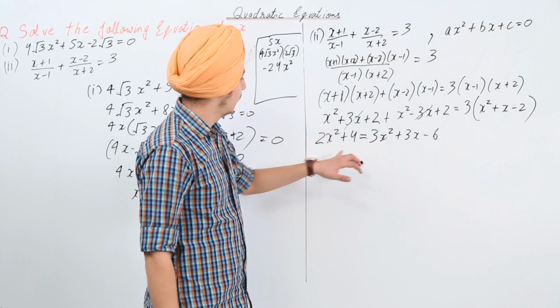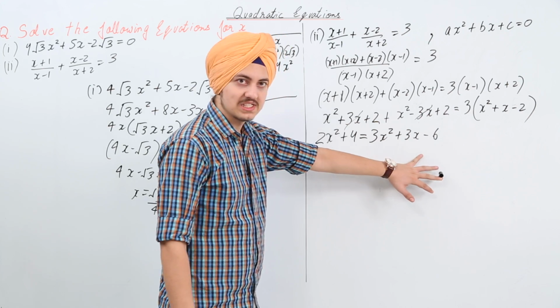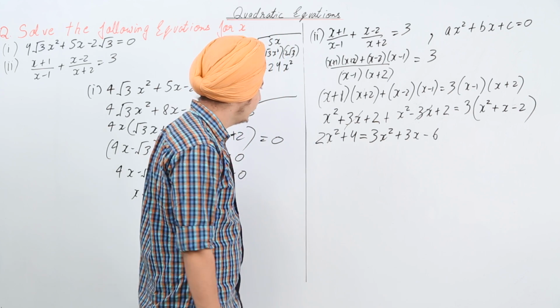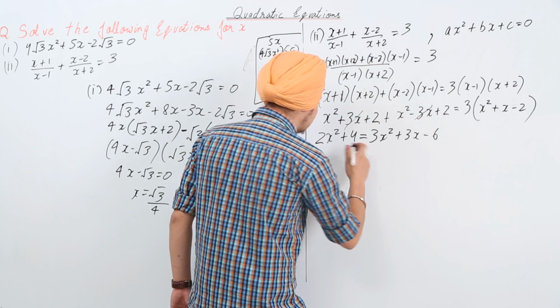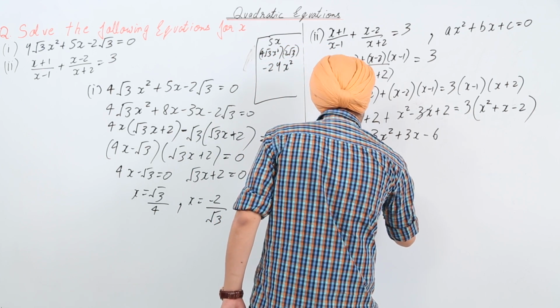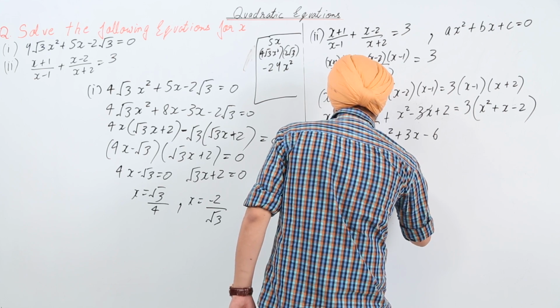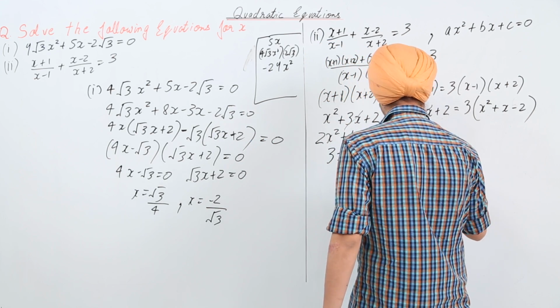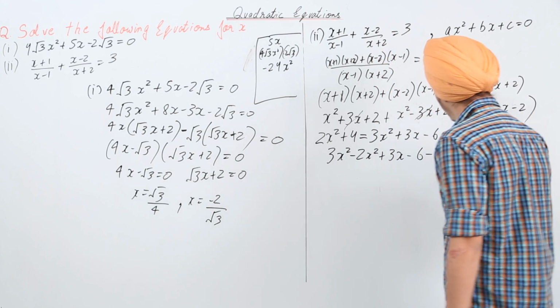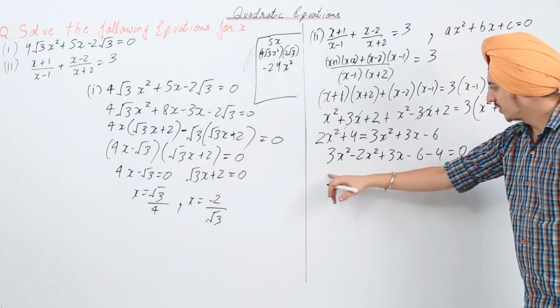So now we just take all these terms to this side, and we have 3x² minus 2x² plus 3x minus 6 minus 4 equal to 0. Did you understand this step?